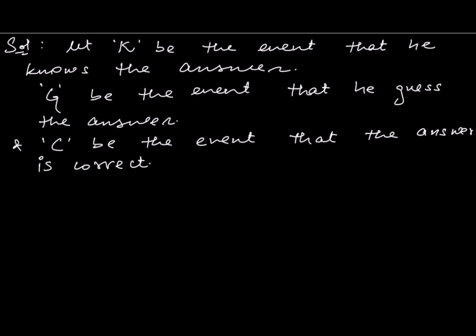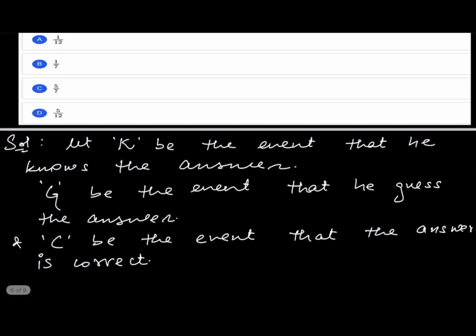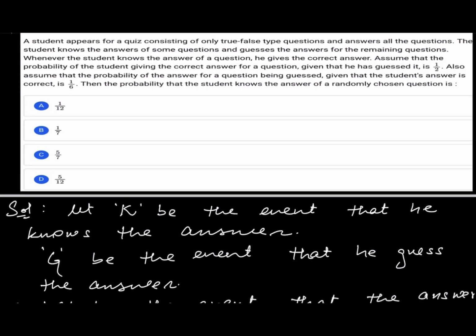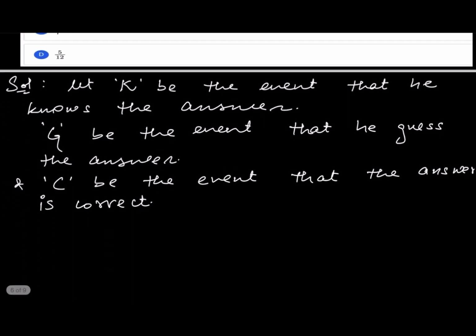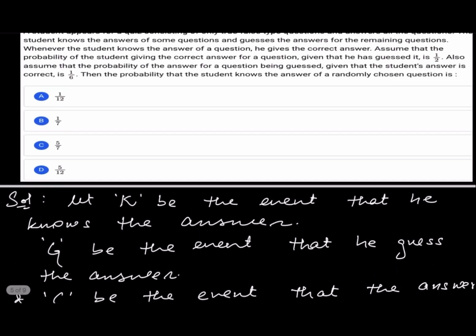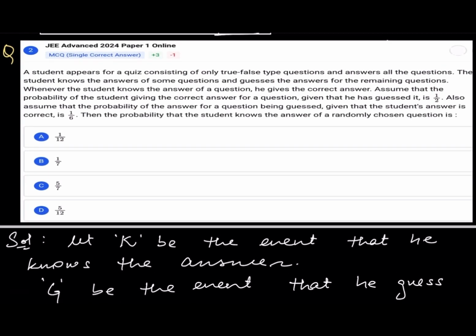Okay students, so what we need in this question is P of K, right? Because it is written that the probability that the student knows the answer of a randomly chosen question is what?